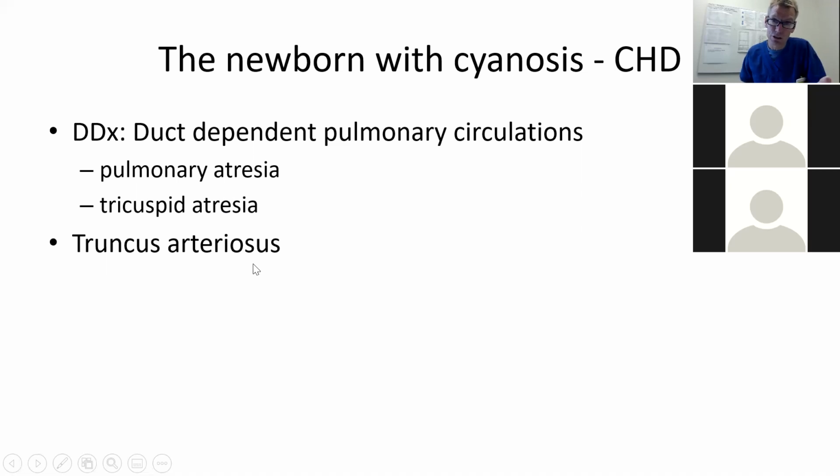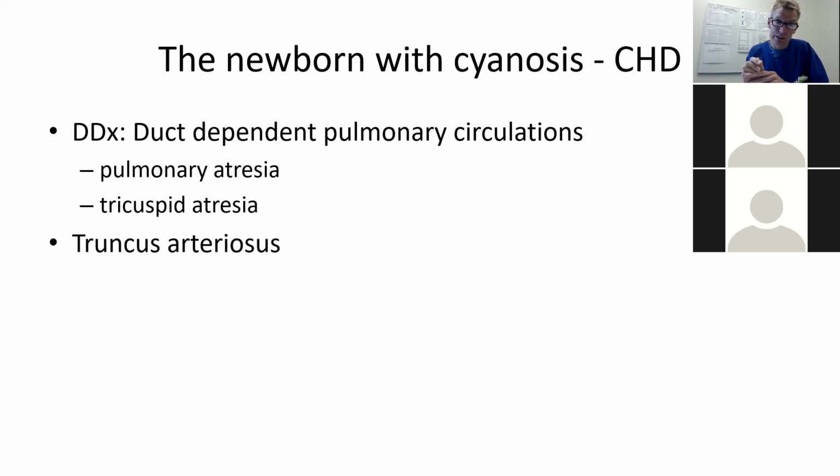And then there's another type that's a bit like a TGA, because you have mixing of blood, and that's a truncus arteriosus, which seems to be relatively common in Papua New Guinea, actually, where instead of having a pulmonary artery and an aorta, there's one single trunk coming off the ventricles.